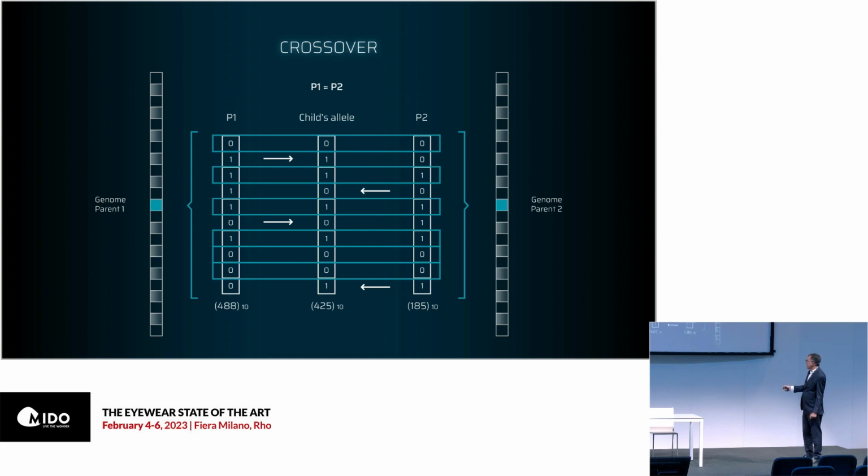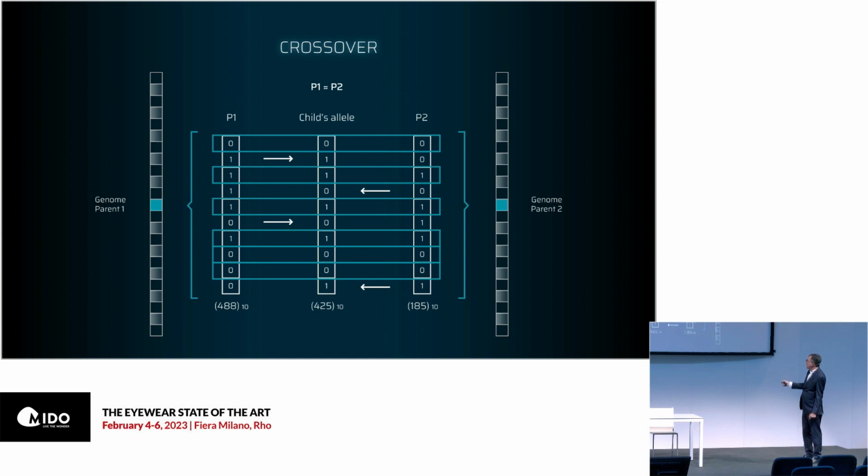So suppose that in that case, in base 10 it is 488, and this is 185, okay? This is in binary, and this is in binary. So these are representing the same gene for the child.